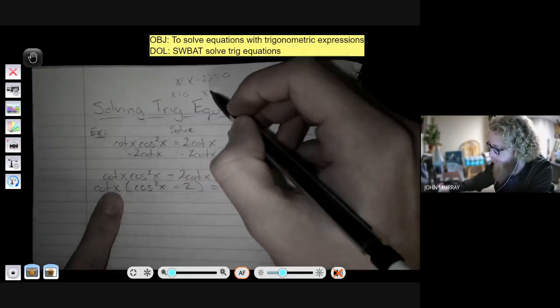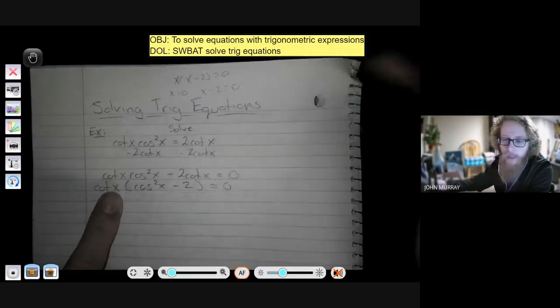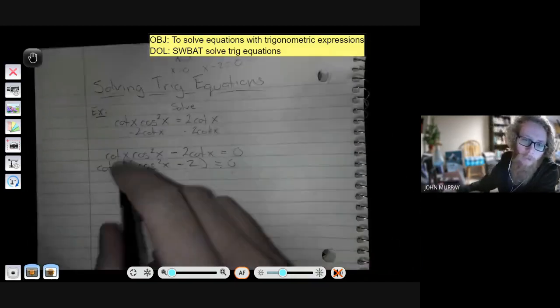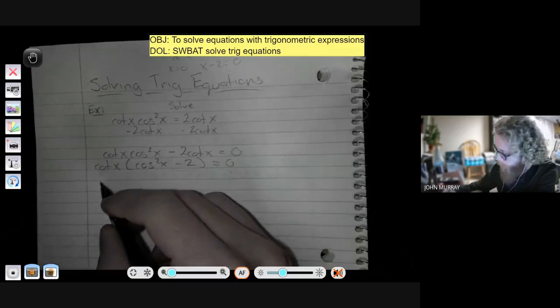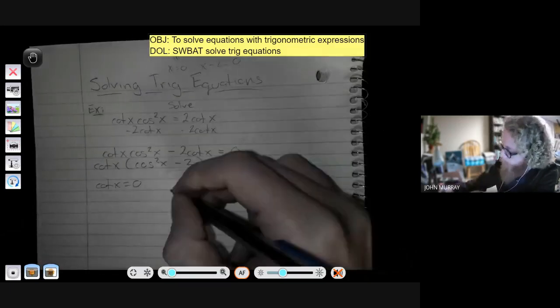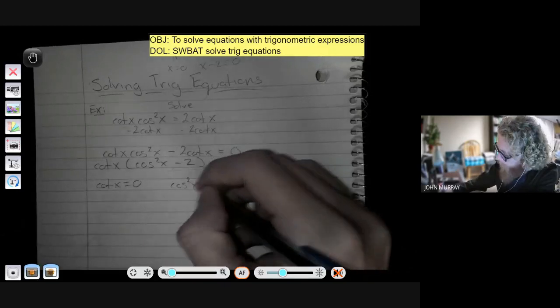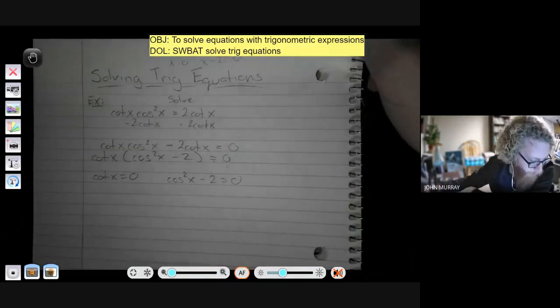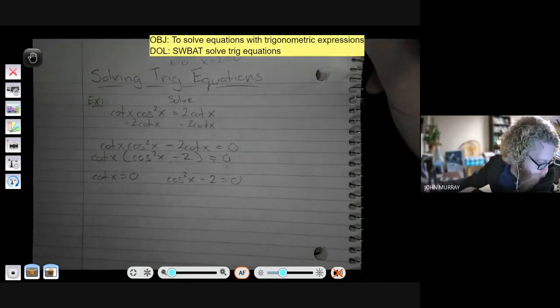I'd have x equals 0, and I'd have x minus 2 equals 0, and I'd solve both of those. Well, we can do that with trigonometry. So my first one is cotangent of x equals 0. And then my second is cosine squared x minus 2 equals 0. So now I have 2 different situations.